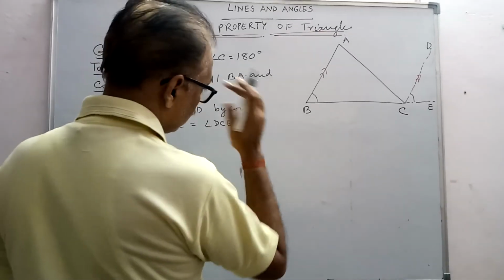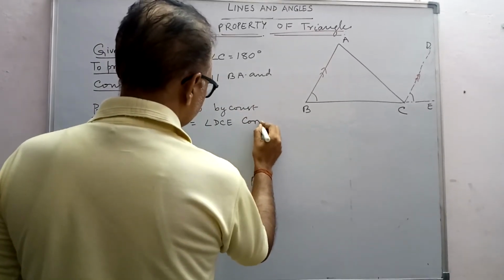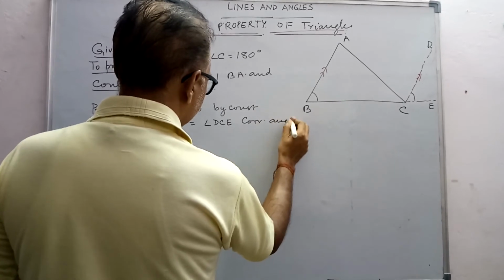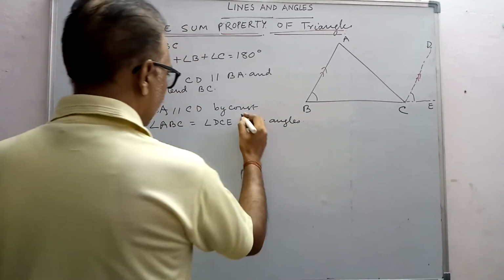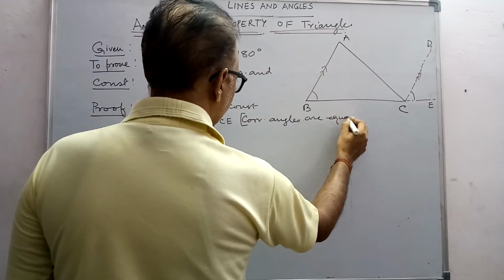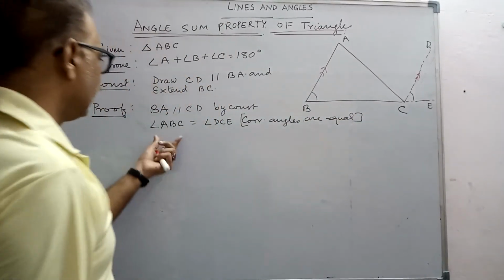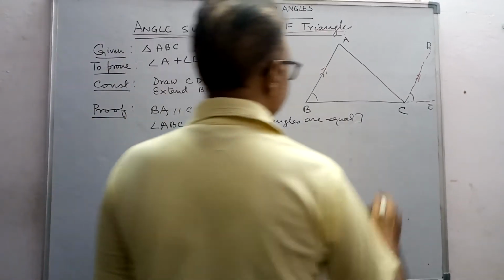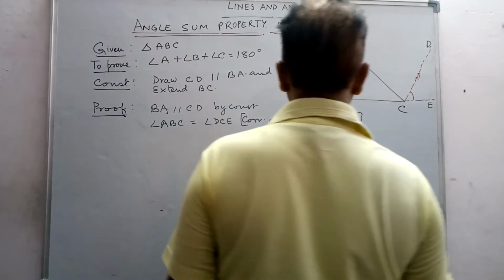Why? Because these are corresponding angles. Corresponding angles are equal. So angle ABC is equal to angle DCE. That means these two angles are equal.